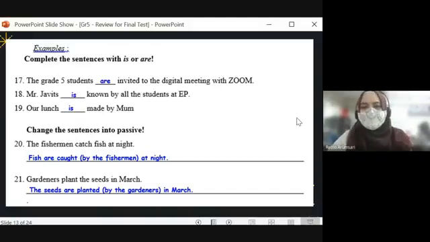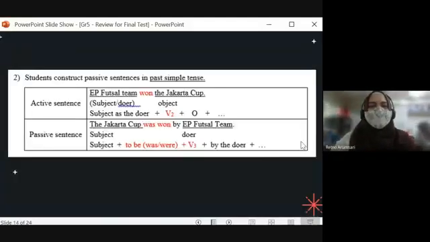Okay, done. Can I go to the next slide? Now, the next part is the past simple ones. Now, as you see here, the active sentence uses a verb two. This is the verb two of win, right?